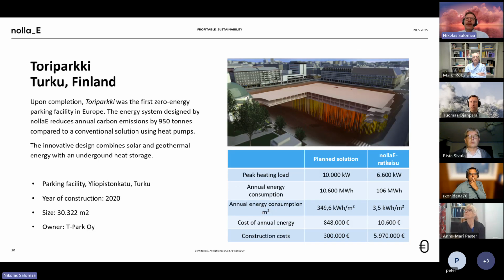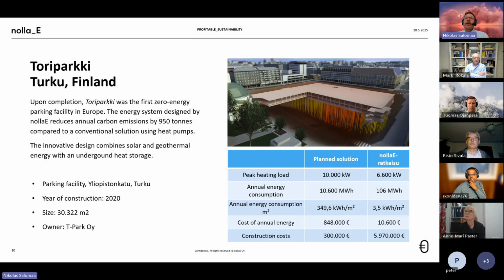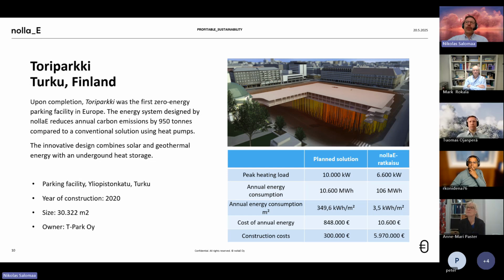Now, the first case I showed you was an existing building built in the 60s, a residential apartment building. Now I will present a very different type of building. This is right in the city center of Turku, which is the third biggest city in Finland.